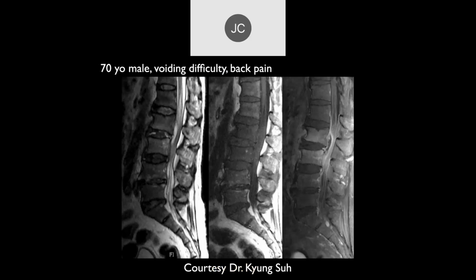Okay, Robert. All right, so we have a 70-year-old male with voiding difficulty and back pain. Here there's some signal abnormality at L2 and L3. Yeah, and there's that posterior, looks like a fluid collection, peripherally enhancing, so an abscess back there.